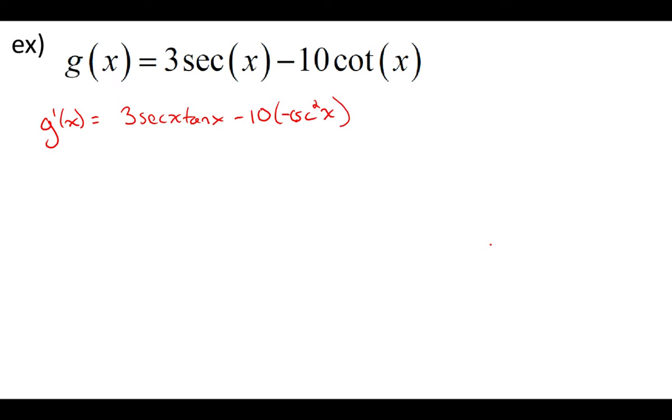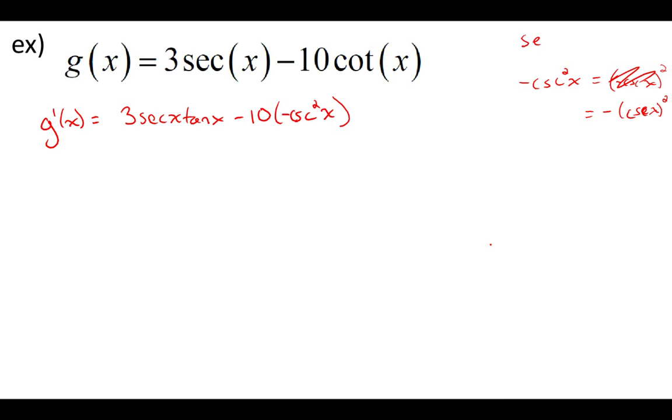One thing I wanted to mention as well: when you write cosecant squared x, this is the way we write it for trigonometric functions. It is equivalent to saying cosecant of x, quantity squared. Actually, sorry, that's not quite right. It's like cosecant of x, squared.